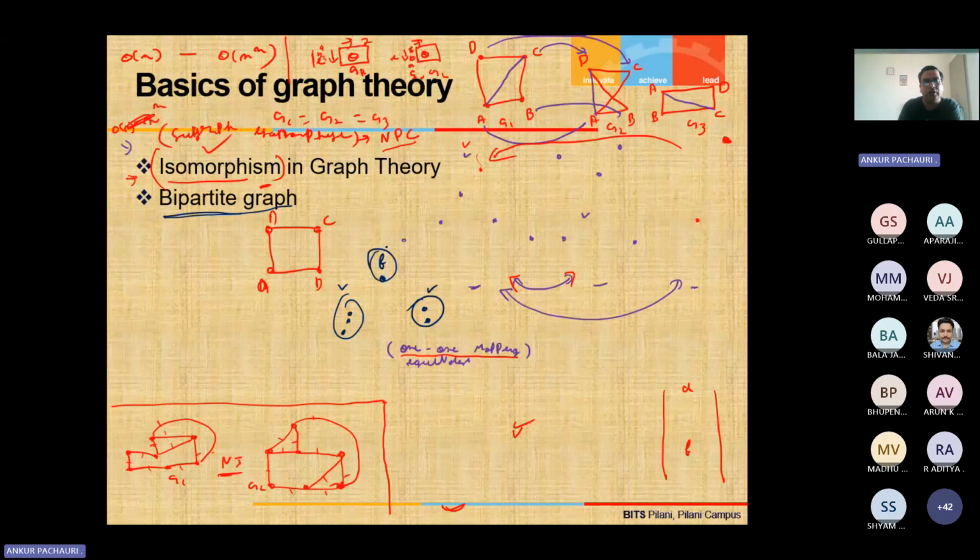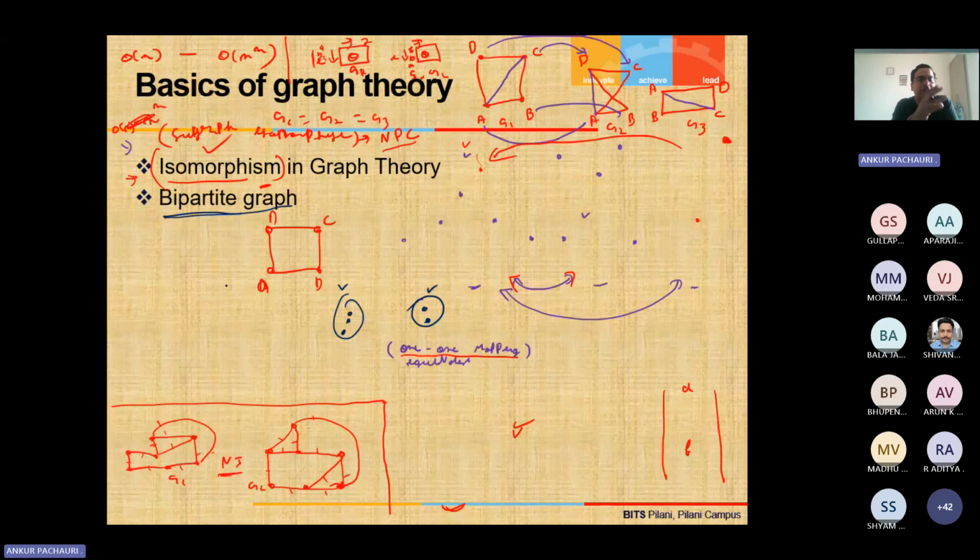He cannot roam around alone or have his own choice. If it is multipartite, then it has to be part of some partition. It cannot be an isolated vertex, a free vertex.